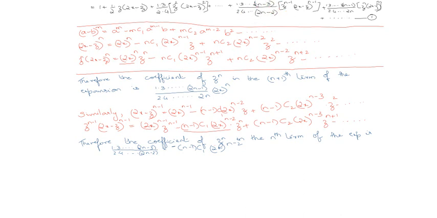So the coefficient of z raised to n in the nth term of the expansion is 1 into 3 into etc. to n minus 3 divided by 2 into 4 into etc. to n minus 2 into z raised to n minus 1 2x minus z raised to n minus 1 into minus n minus 1 c1 2x raised to n minus 2.